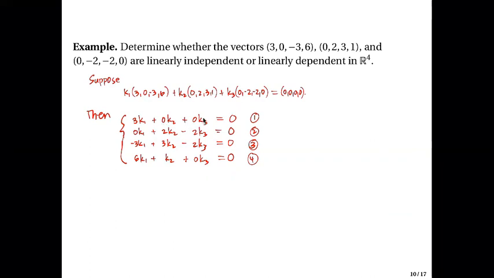From equation 1, we easily get 3K1 equals 0, and so K1 is immediately 0.